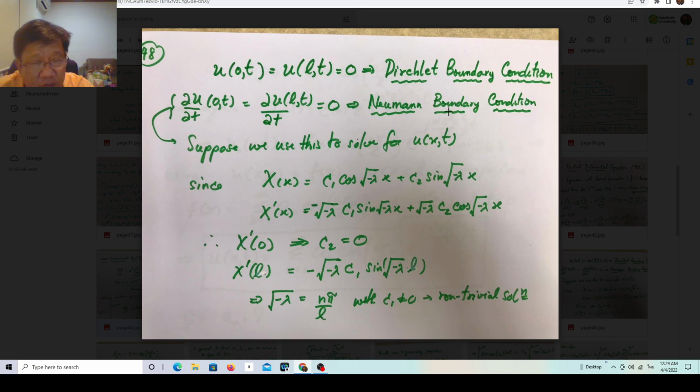So what we are going to do next is extend this and show you that we can also solve u of x,t based on this condition.